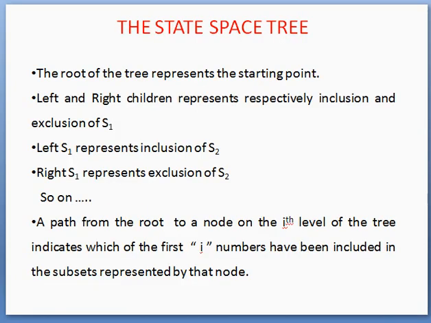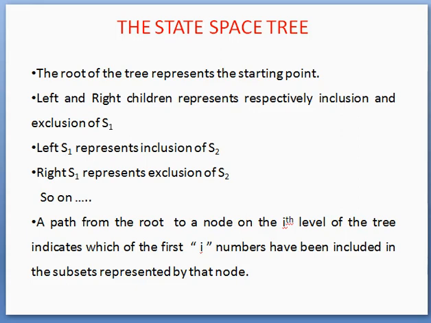So now we will apply the backtracking technique to find all possible subsets for the given sum from the given set. For that we need to construct a state space tree. The state space tree can be constructed by using some rules. The first rule is the root of the tree should represent the starting point.